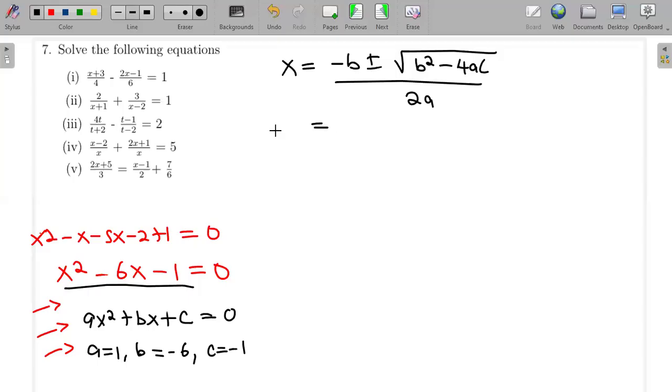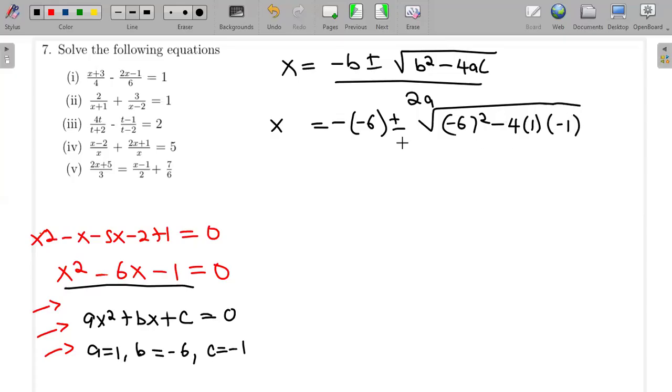So this will just be x is equal to minus, the b there is minus 6. So careful with the negative there, plus or minus, then the root of minus 6 squared minus 4, a is 1, c is minus 1, divided by 2 multiplied by 1.